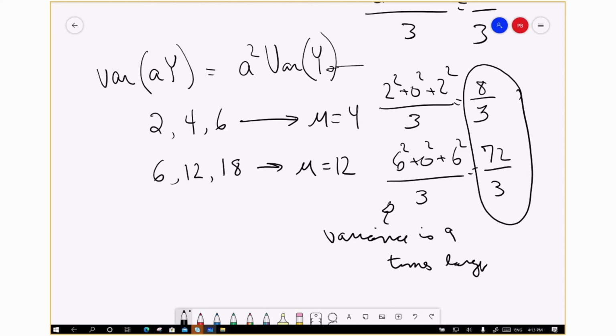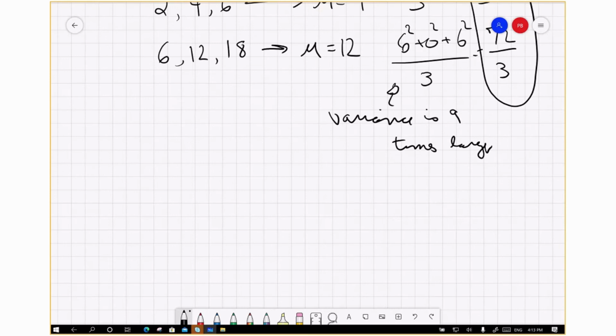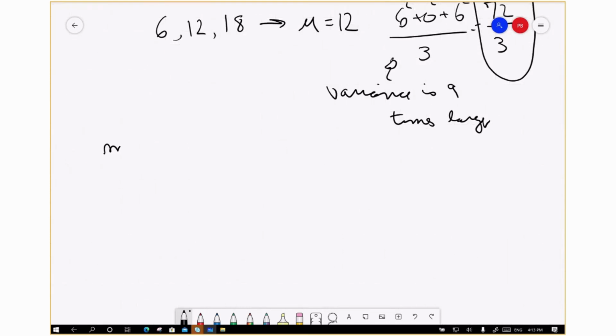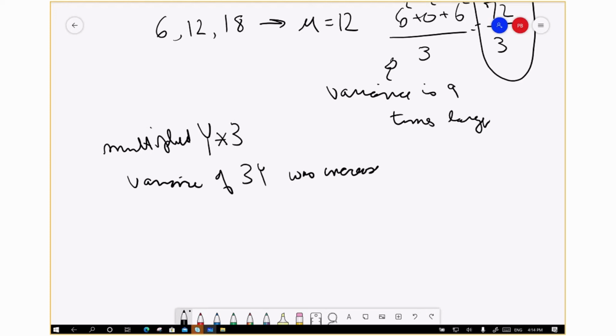So what we saw was we multiplied y by 3, and the variance of 3y increased by a factor of 9, or 3 squared. And that's the point that we wanted to make.